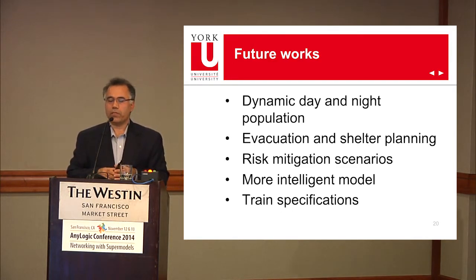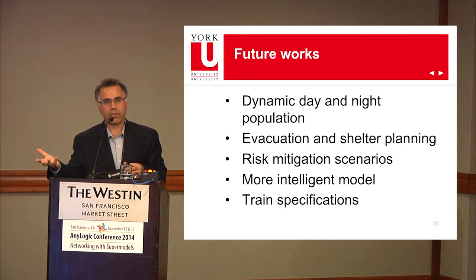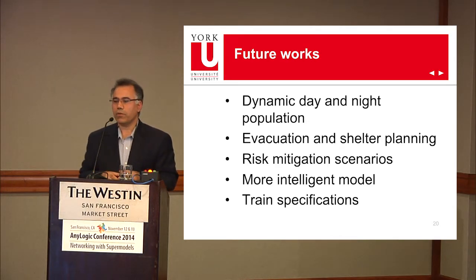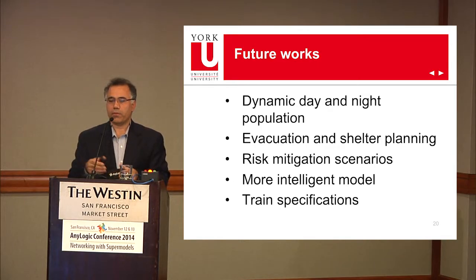And also more intelligence in the model. For example, for different types of hazmat, you can have the characteristics of the hazmats and build them into the model so that when something happens, you can have different dynamics and visualizations of the type of impacts you might have. And also train specifications.